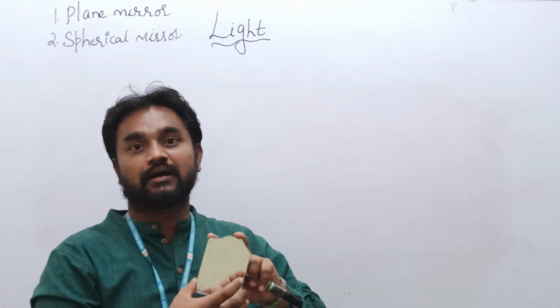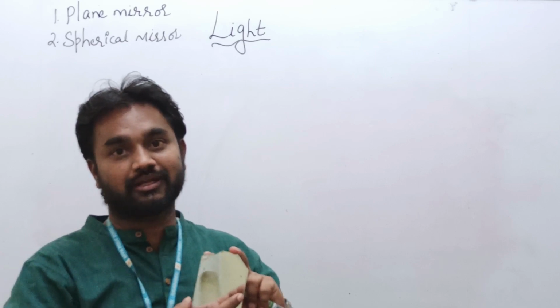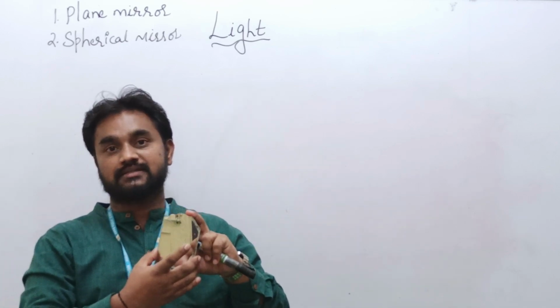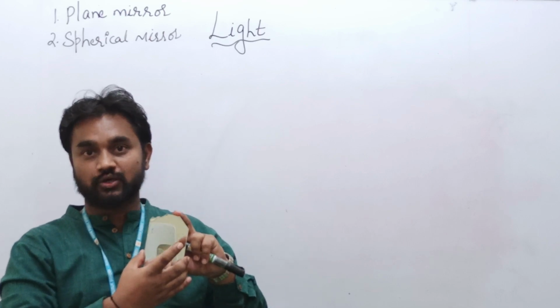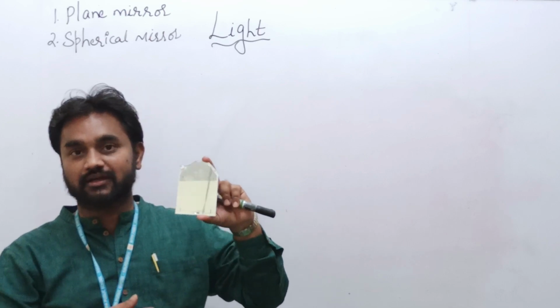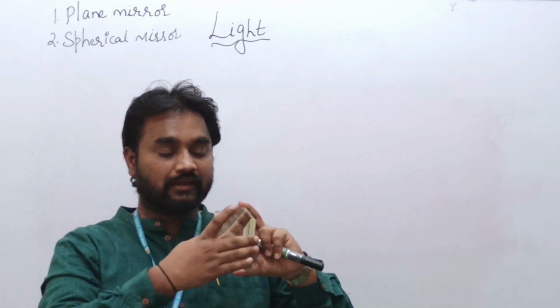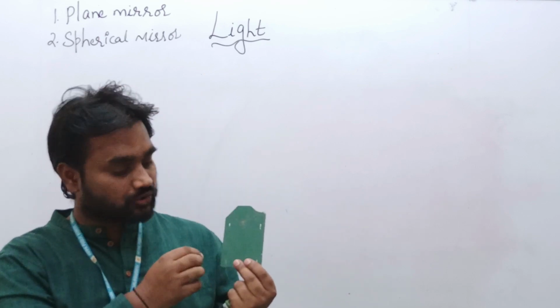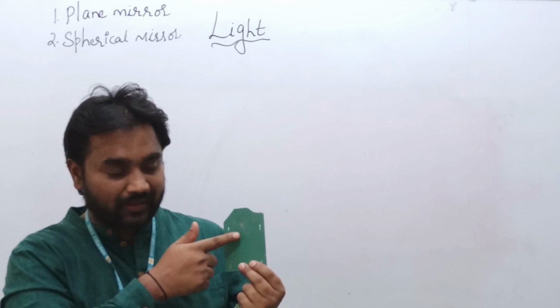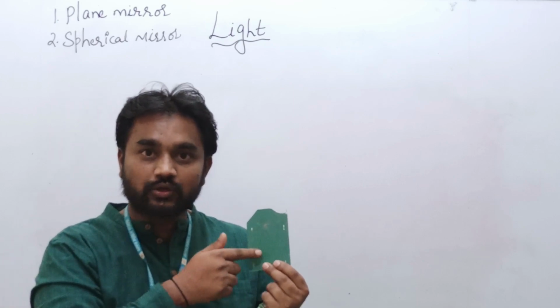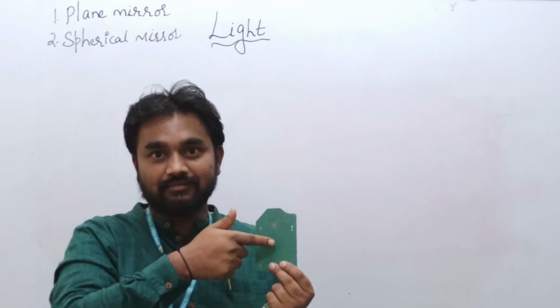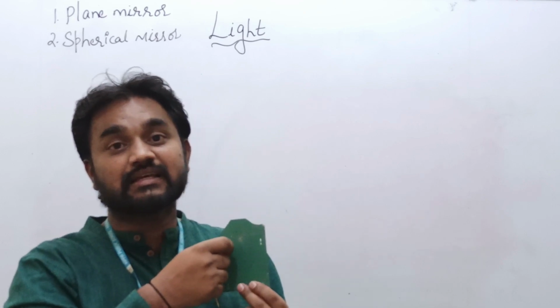In the definition of a plane mirror we discussed that a mirror is an optical instrument whose one side is made reflecting and the other side is opaque. Behind this, beneath this green color coating, you have a coating.